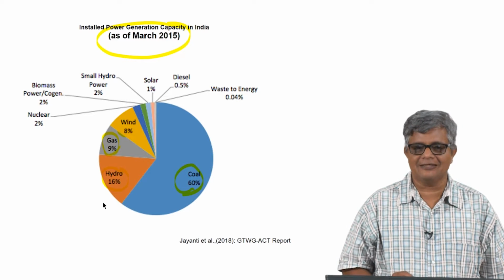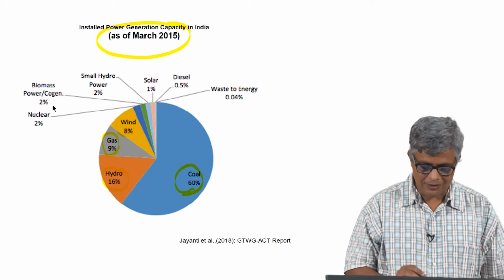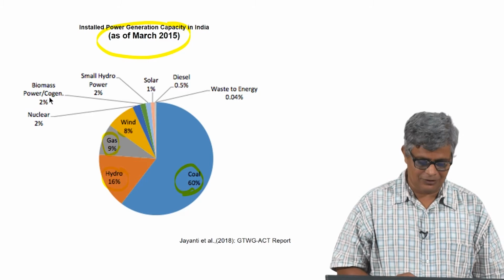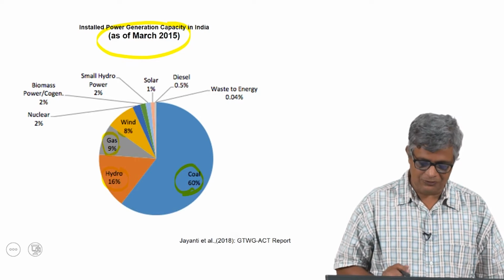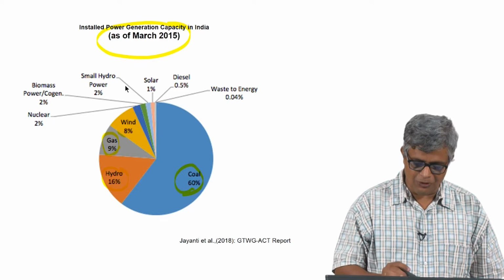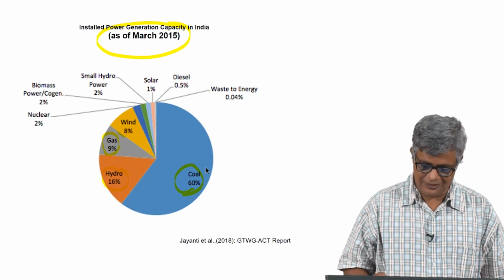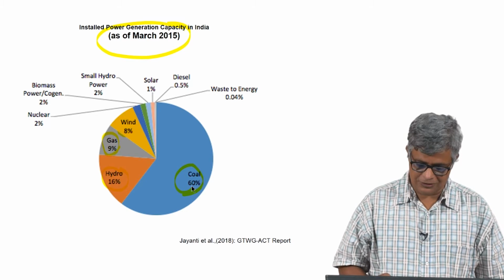It is increasing slightly, but not by very much. Biomass and biomass power and cogeneration for electricity production is also a very small element. Small hydro, there is so much talk about it, but that is also a small component.